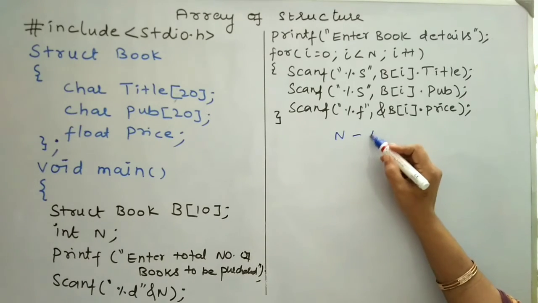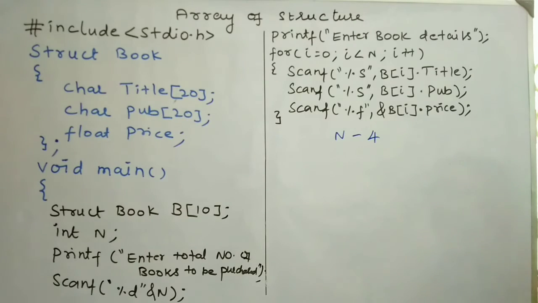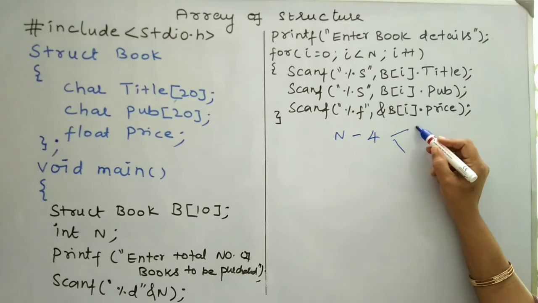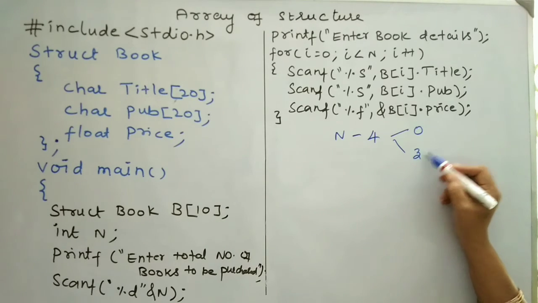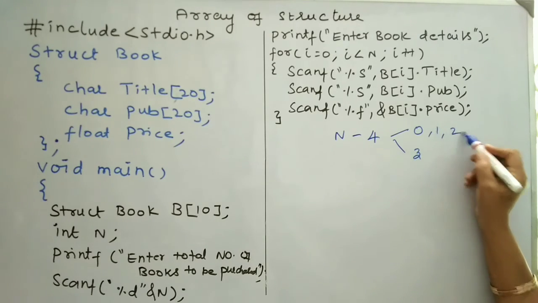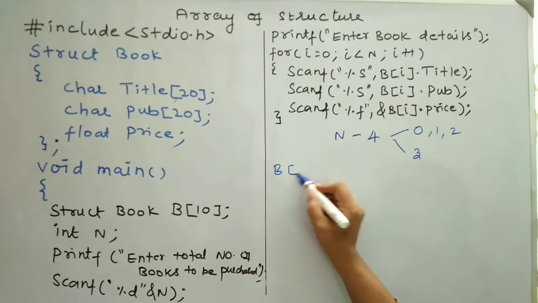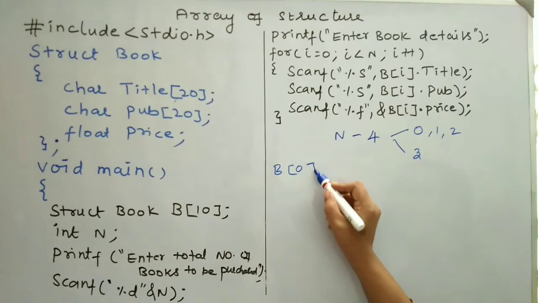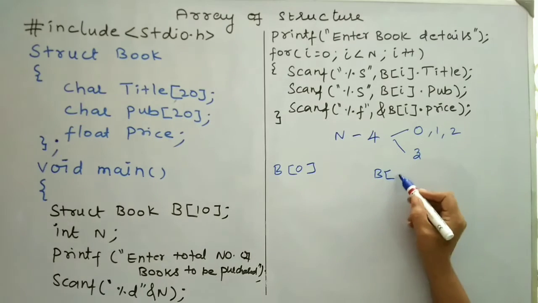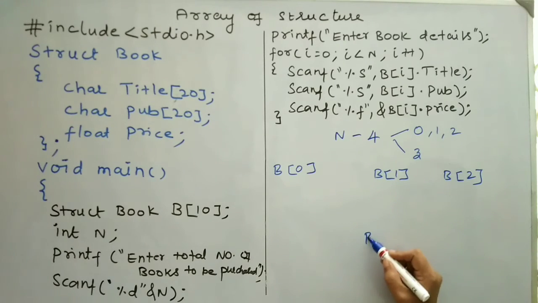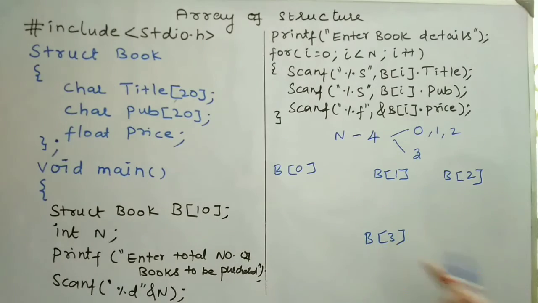In case n is equal to 4, then we are going to access the structure variable starting from index position 0 to 3: 0, 1, 2 and 3. So we will be using structure variable b in index position 0, index position 1, index position 2 and index position 3. We are going to use 4 different structure variables starting from index position 0 to 3.